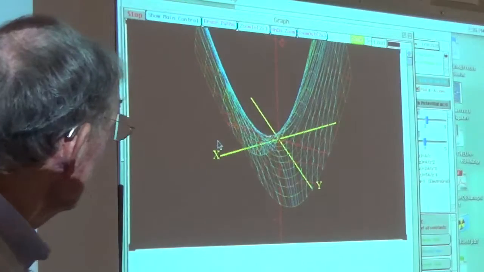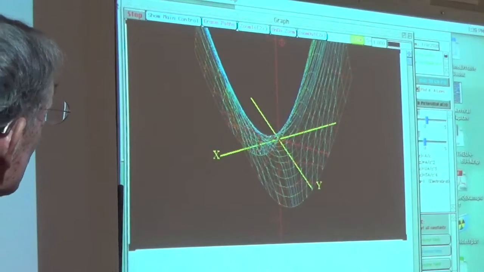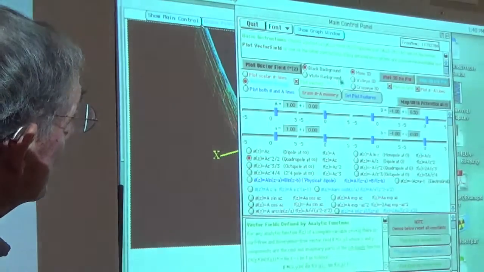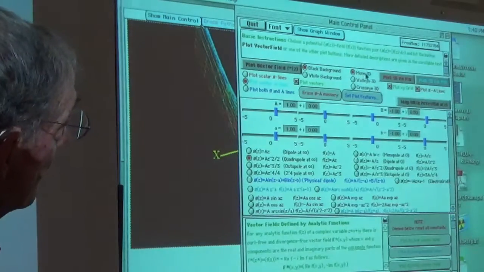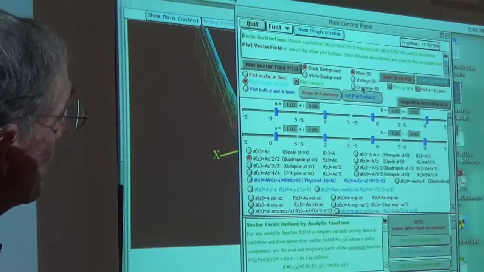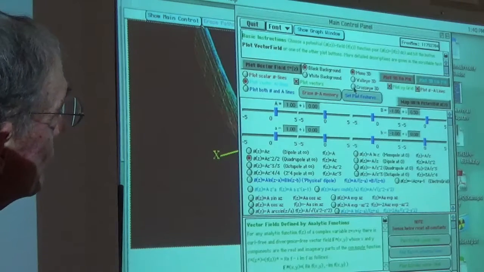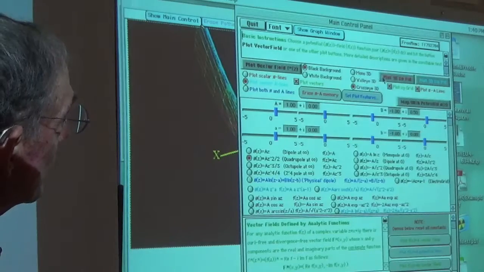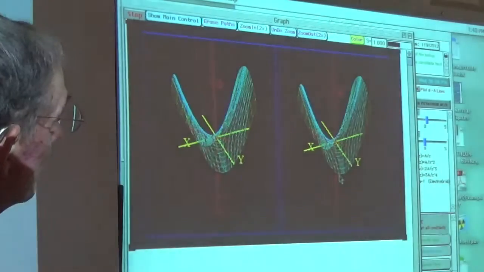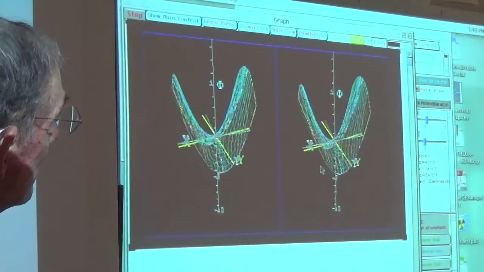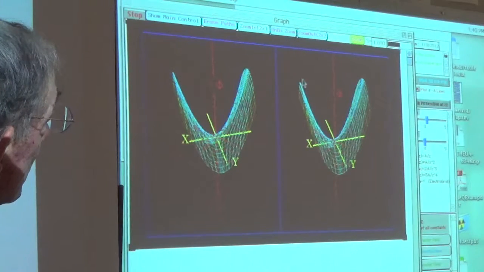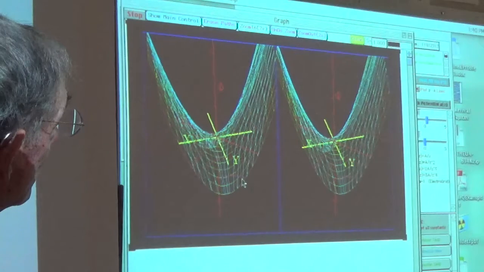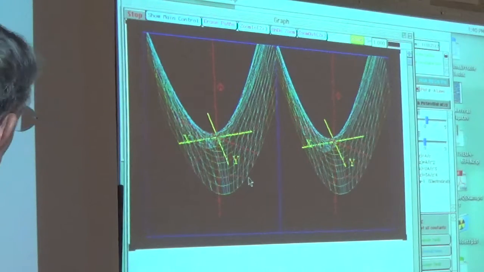Now the alternative is to ask this to be plotted in 3 dimensions. That's mono, which is what it's looking at right now. If you want to look at it from your desk, you do a cross-eye, and then you plot either the scalar or the vector, and you can move either one of them and zoom in to make it a little bit bigger, so that you have a stereo view.